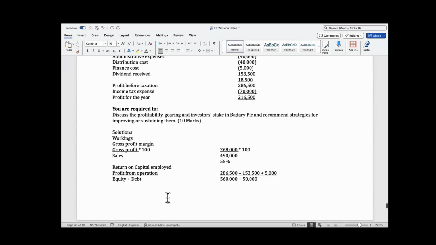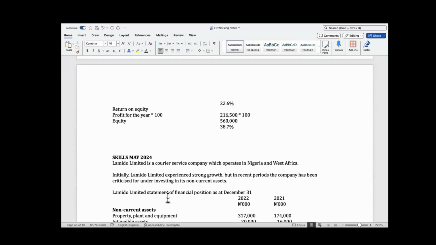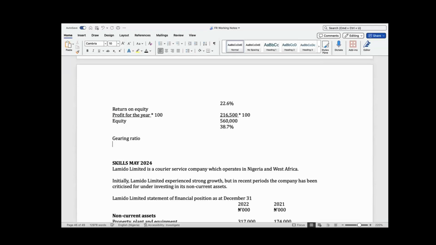Then for gearing, I will compute the gearing ratio, which is interest-bearing debt over debt plus equity, times 100.